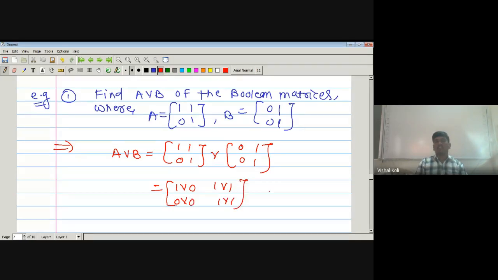Now we have to use the definition of join on the matrices. 1 join 0, that is b1 join b2 will be equal to 1 if either b1 or b2 is equal to 1, and it is equal to 0 whenever both are 0. As here, 1 join 0 will be 1, 1 join 1 is 1, 0 join 0 is 0, 1 join 1 again 1. So this will be A join B.